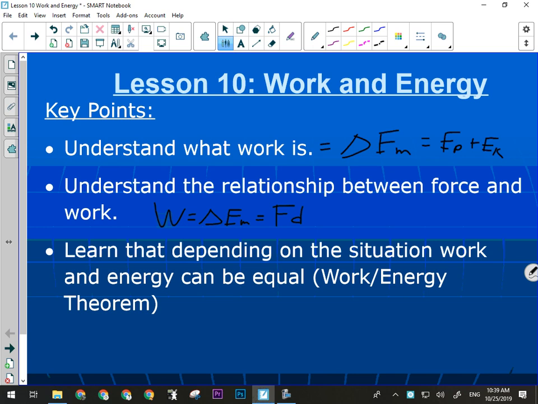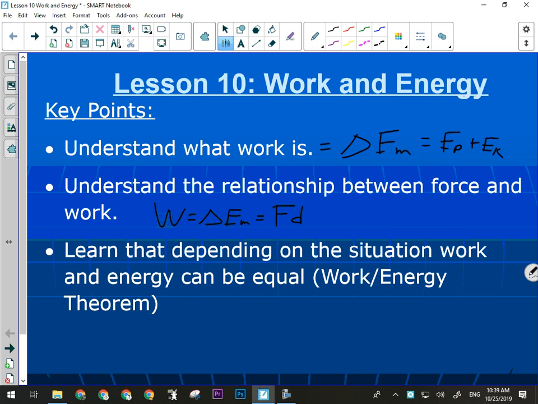I'm going to change the energy of either that object or the system it's in, or both. If I push something and it moves, but I don't change its energy, have I still done work? I have. Just not on that object.